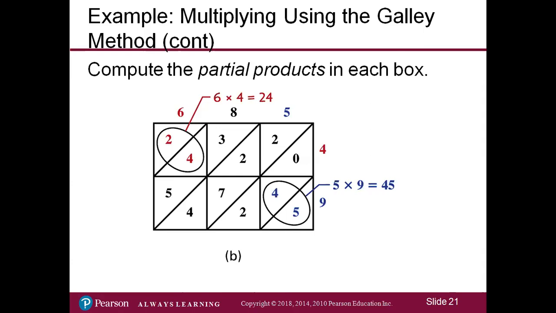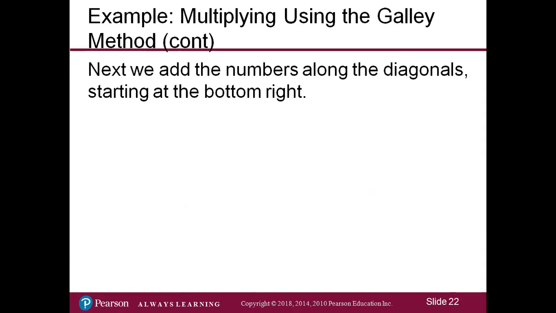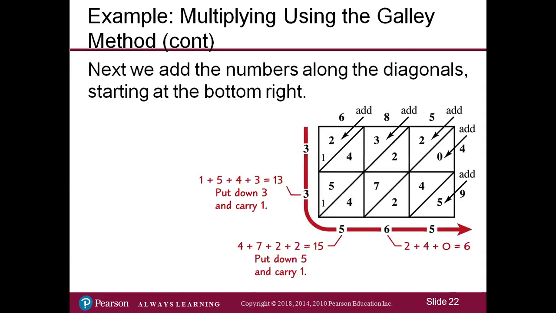It's a partial products algorithm. Next, we add the numbers along the diagonal, starting at the bottom. So bottom right, and then work your way up through the diagonals. That first 5 that's sitting there, ignore the numbers on the outside now. Now we're just looking at inside the box.